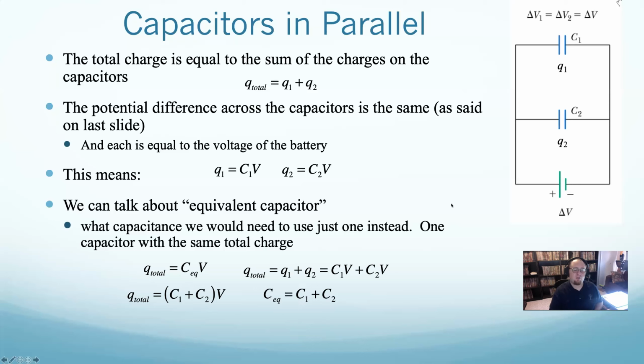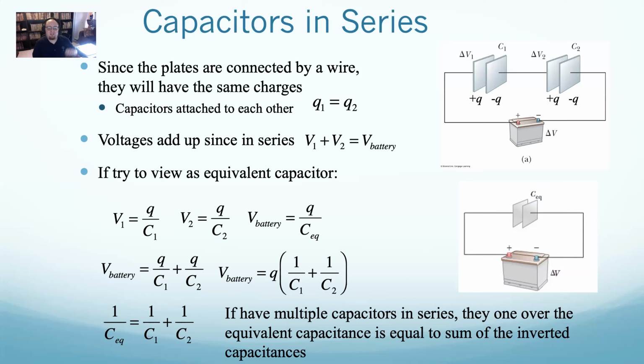That means the voltage of the battery can be put like so. And with a bit of algebra, you can get this equation. Anytime you have multiple capacitors in series, 1 over the equivalent capacitance is 1 over each individual capacitor. The inverse of the equivalent capacitance is the sum of the inverses of the capacitors that make it up.